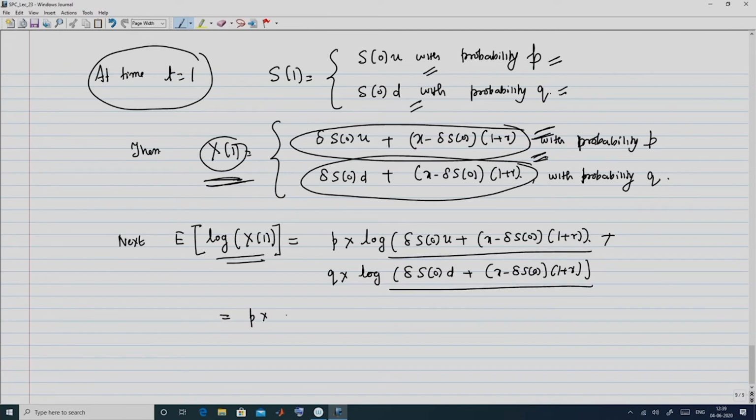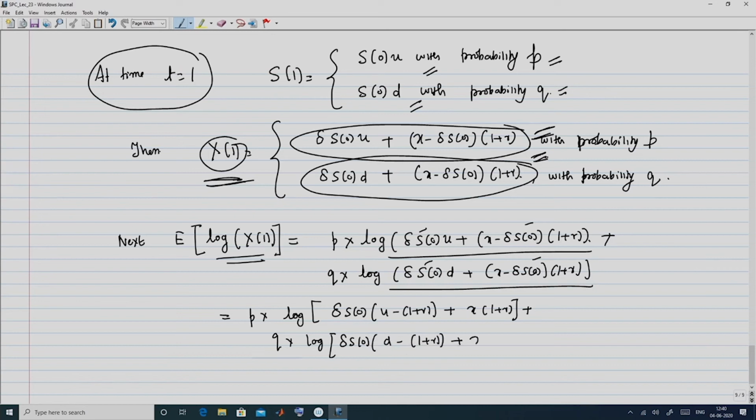This becomes p into log, where I take all the delta S naught terms, so it is going to be log of delta S naught into u minus 1 plus r, plus the remaining term x into 1 plus r, plus q into log, again I combine the delta S naught terms here. So this is going to be delta S0 into d minus 1 plus r plus the remaining term x into 1 plus r.